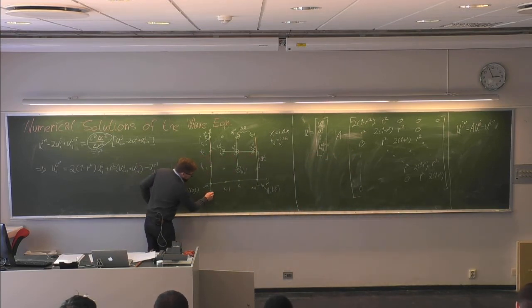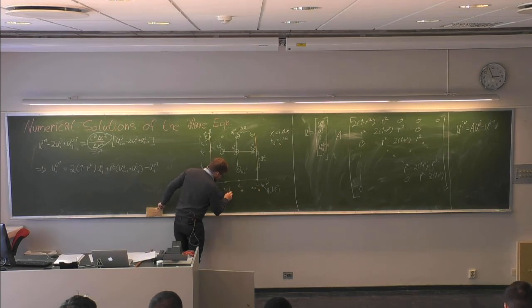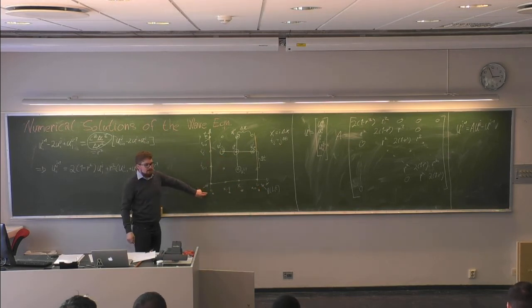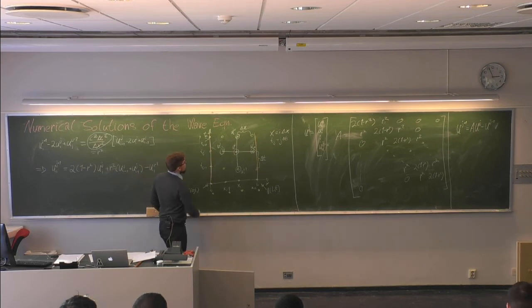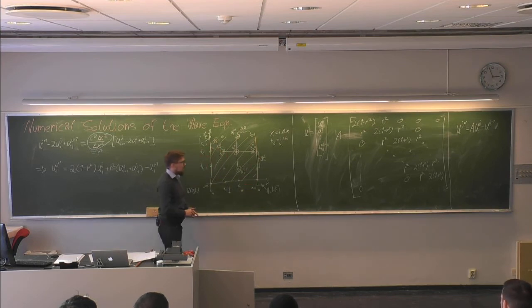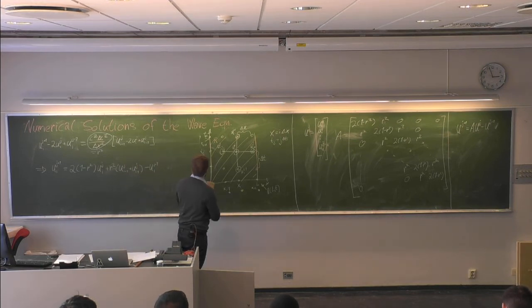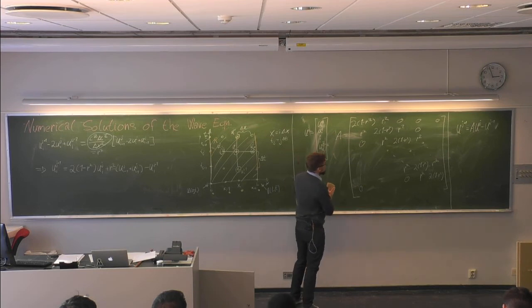The problem is we don't know the value of the displacement at these times here, because they're also our domain. As I said earlier, this is R. So we have to figure out a way to estimate this point as well, so we can actually kickstart our simulation or solution of the wave equation, if you want to call it that.